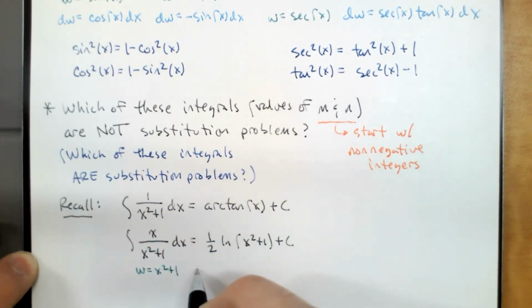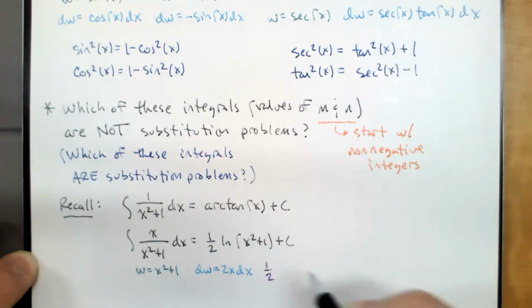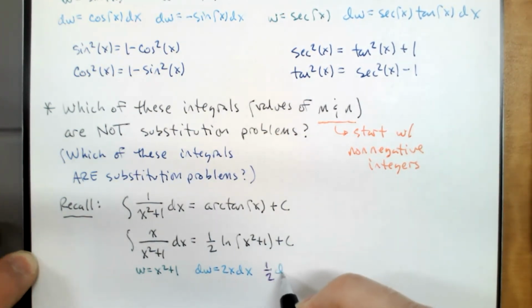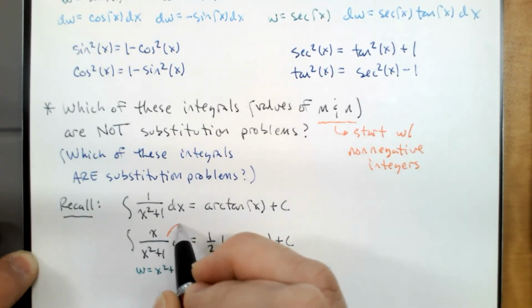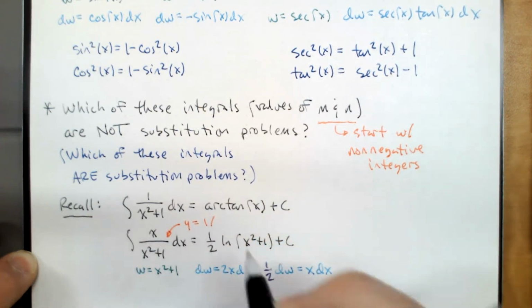And then dw is 2x dx. We divided out the 2 because it's a constant. So 1/2 dw is x dx. And our function that we are actually integrating is 1 over w.